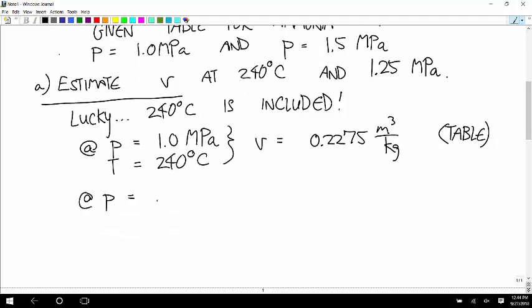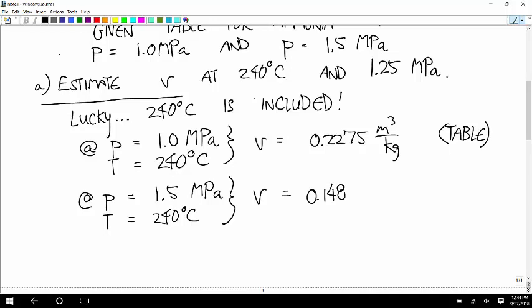And at a pressure of 1.5 and a temperature of 240 degrees Celsius, specific volume is 0.1483 cubic meters per kilogram. That's read off the table.